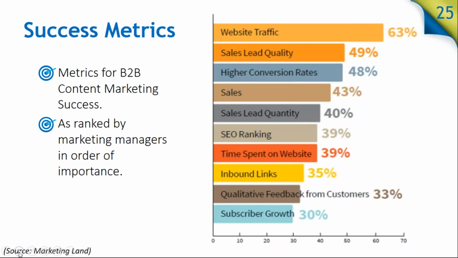This is really important because you can be getting 10,000 people visiting your website with your content, but if they're not in your target market, if they are not the persona that you're trying to reach and your potential customer, you're still not going to see the kind of results that you want with your content marketing.